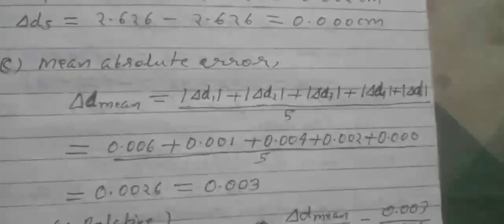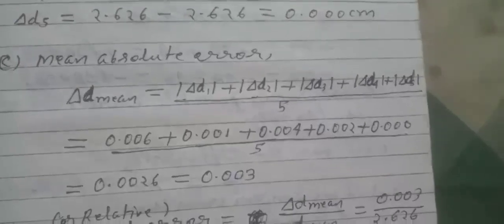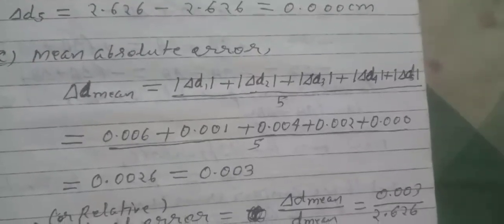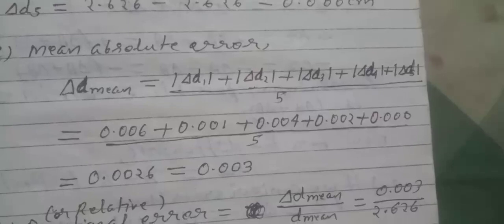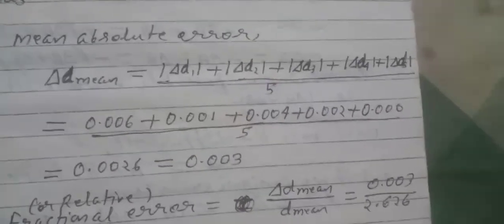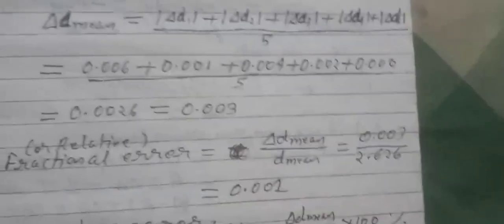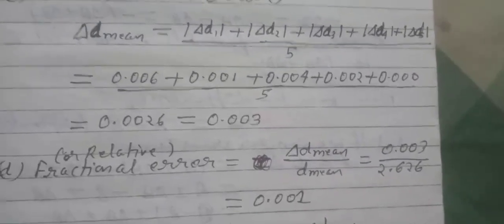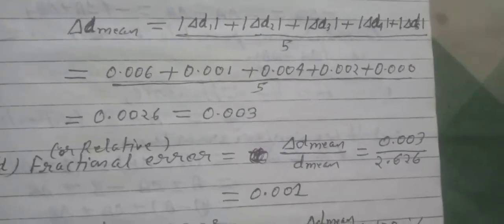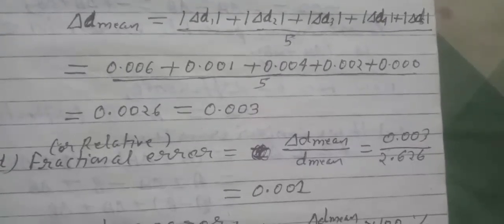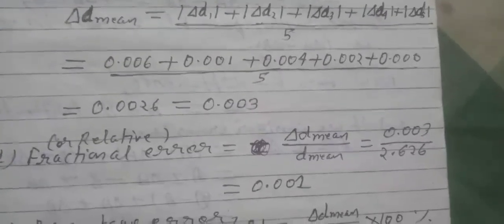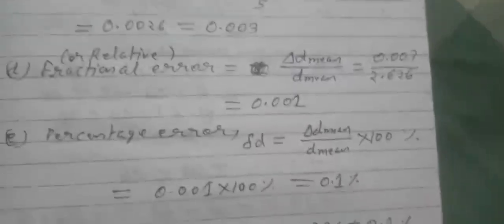Now, mean absolute error ΔD mean equals mod of ΔD1 plus mod of ΔD2 plus mod of ΔD3 plus mod of ΔD4 plus mod of ΔD5, divided by 5. Finally, we get ΔD mean equals 0.0026, or 0.003 after rounding off.